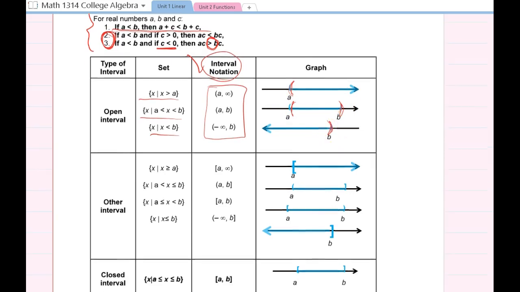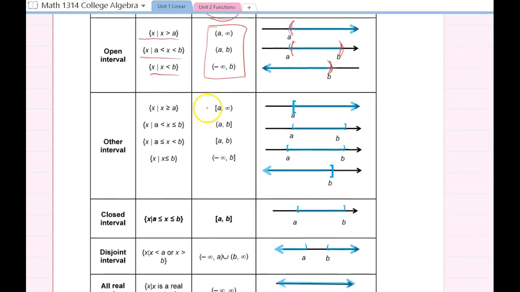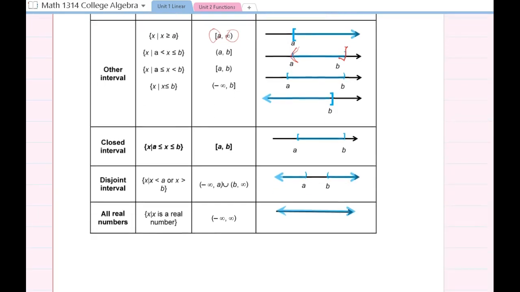We can have a combination where some of them are closed, that would be our bracket, and then some part is open. You can see that here, that this is a bracket and that this one is open. Then we can also see closed, which we talked about, both of them would be in brackets.